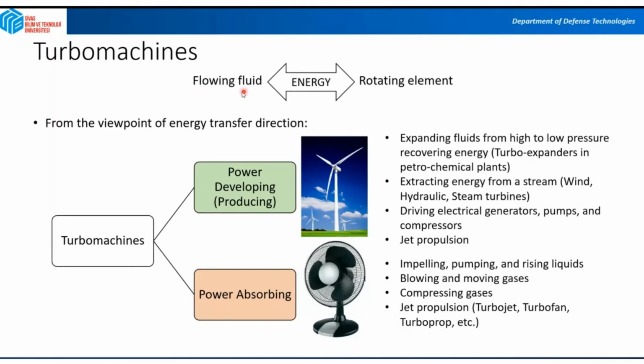Let's say, from the viewpoint of the energy transfer direction, whether it's coming from the fluid or whether it's coming from the rotating machine to the fluid, we can have power developing or producing machines, and also power absorbing turbo machines. So power developing, as you can see, this is the example. The wind turbine. Wind turbine is developing or producing electricity for us.